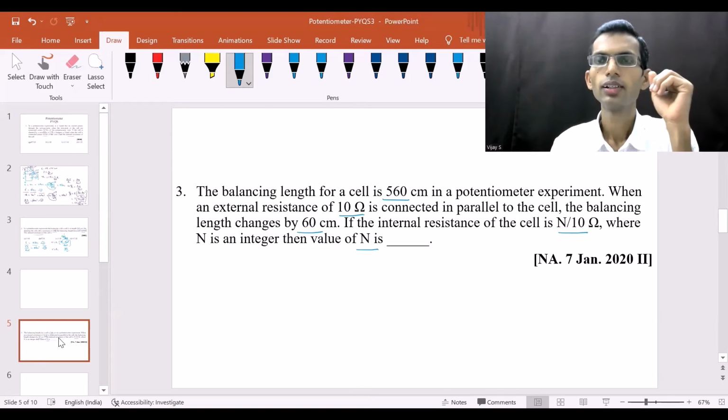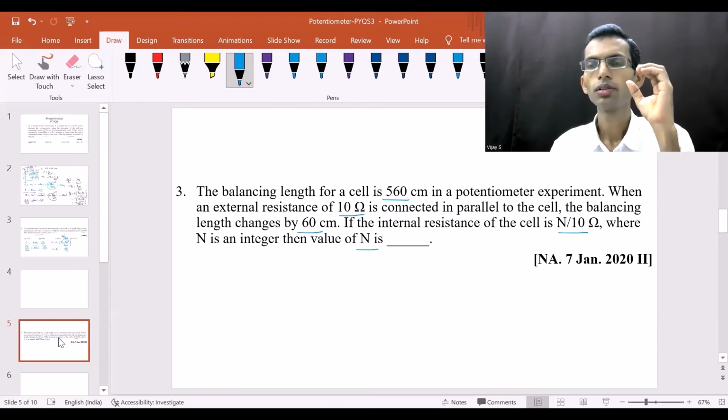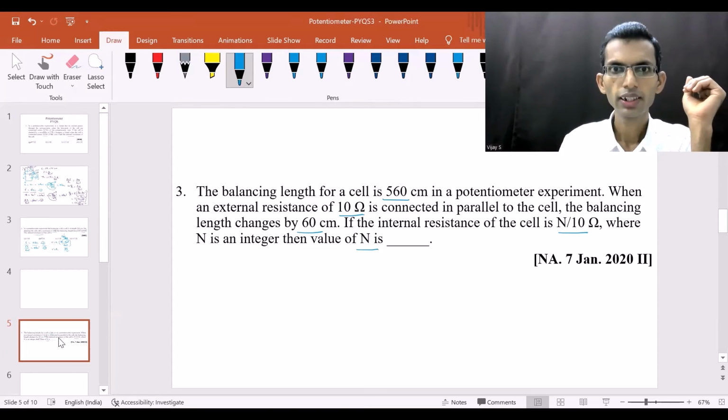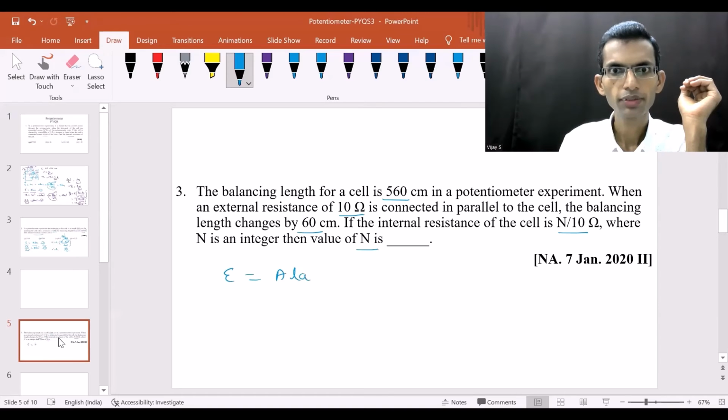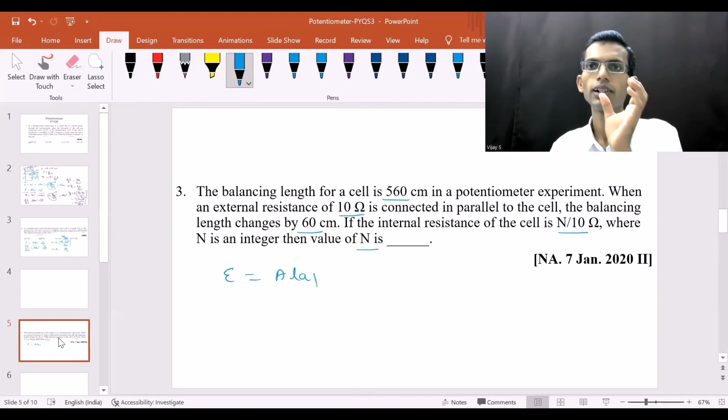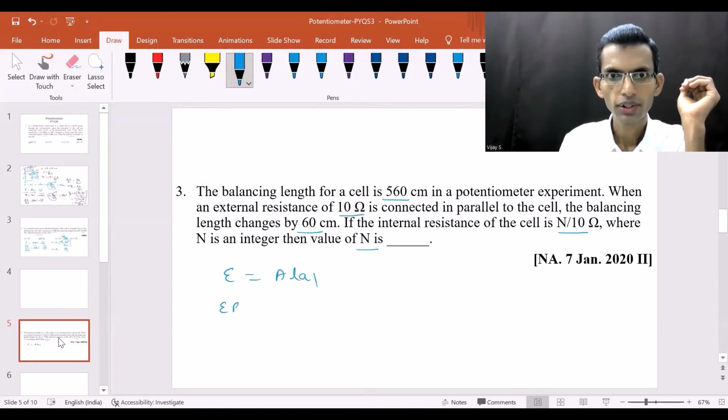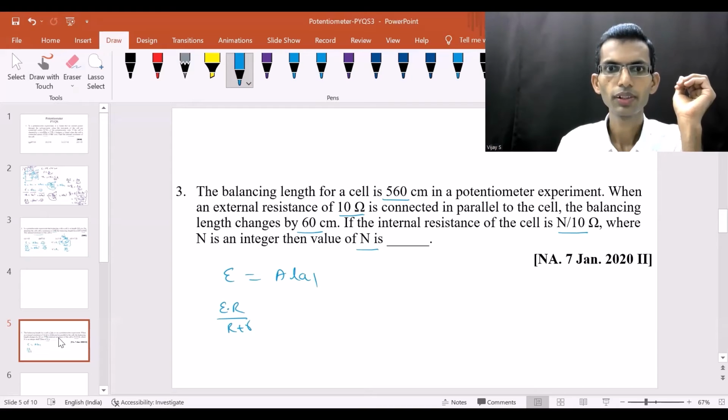In the cell case, at balance, the cell EMF becomes equal to the potential difference across the balance length, which is nothing but A into LA1. Similarly, for the shunted cell case, the potential difference across the cell becomes equal to the potential difference across the balance length for that case. So ER by R plus r, which is nothing but E into R by R plus r, is equal to A into LA1 dash.